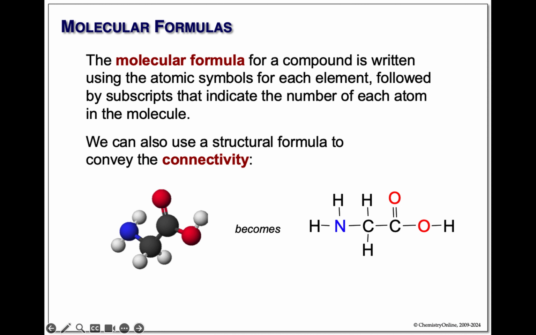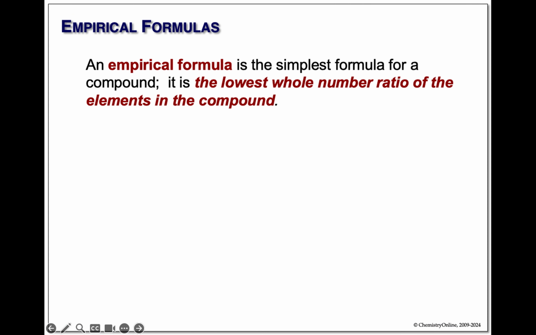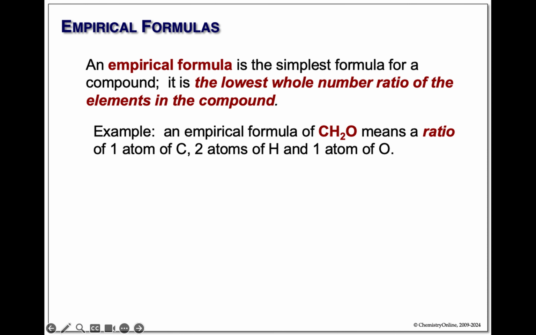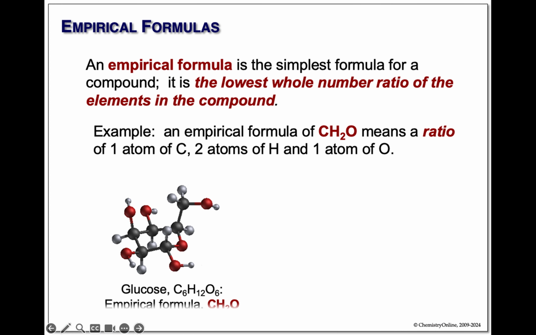There's one other type of formula convention that we need to know about, and that's called an empirical formula. Empirical formula is the lowest whole number ratio of elements in a compound. This is glucose. Glucose is a sugar. We have 6 carbons, 1, 2, 3, 4, 5, 6.